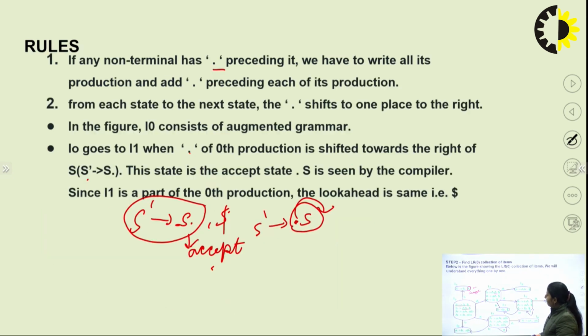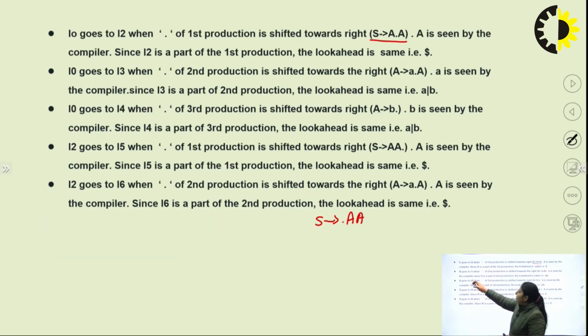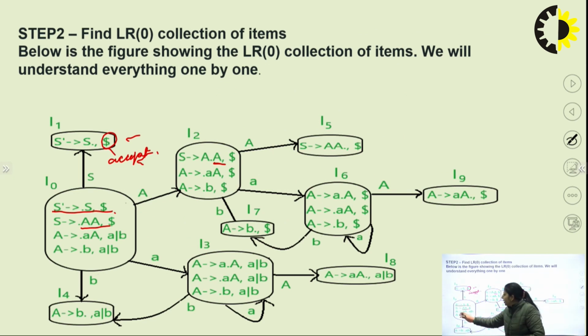Now, I0 goes to I3 when the dot of the second production is shifted towards the right. This is the zeroth production, first and second production. Now, we have to move this dot beyond, or to the right of, small a. Then when we have moved this, we get A gives a dot A, and the look ahead is the same as in the previous production, that is a slash b.